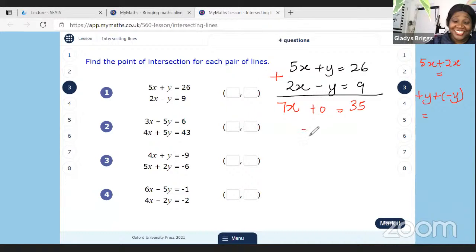Okay. 7x is equal to 35. If we divide both sides by 7, then x would be equal to 5.